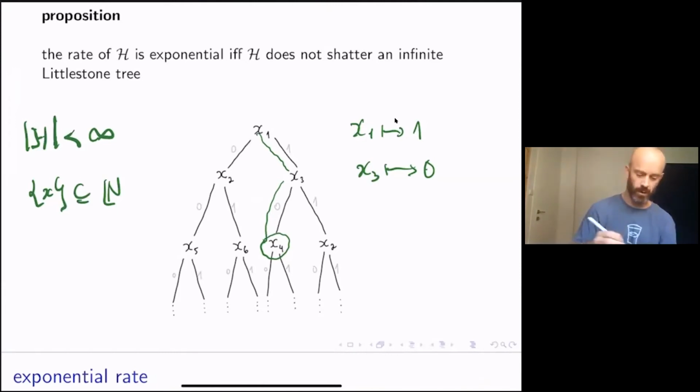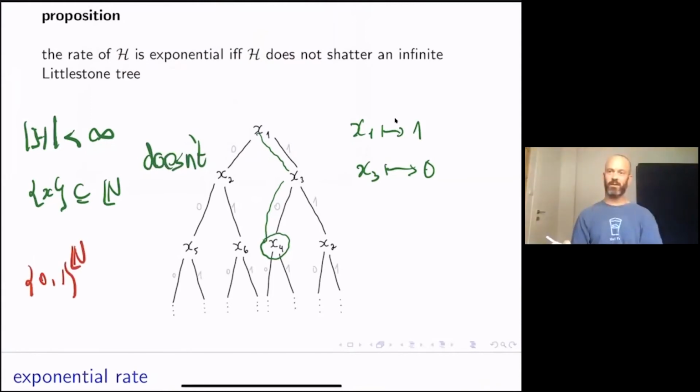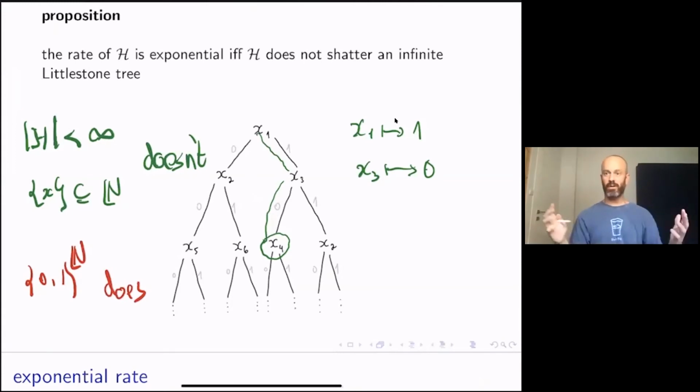Maybe a class that does shatter is if we look at all functions on the integers. This is a class that does shatter an infinite tree. This is all functions.